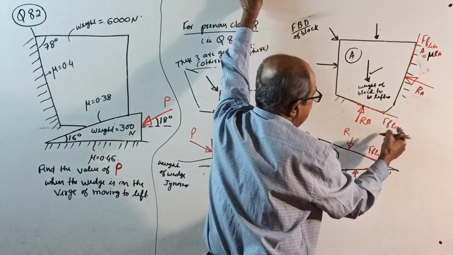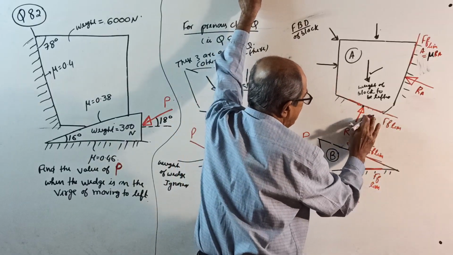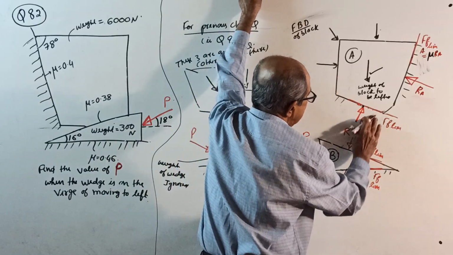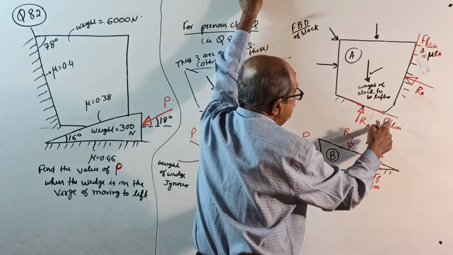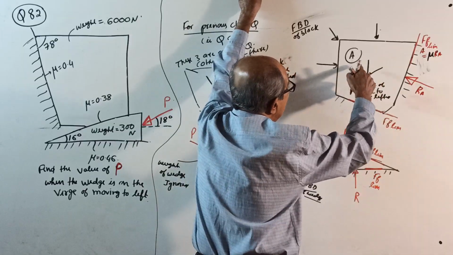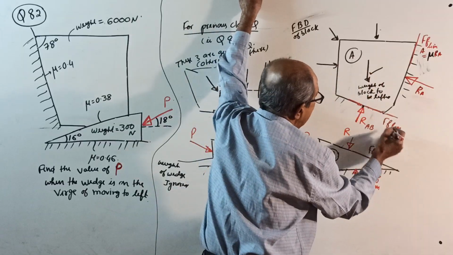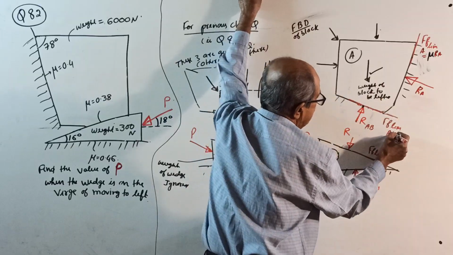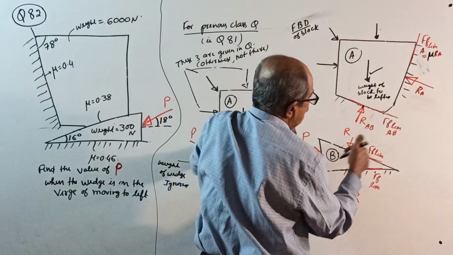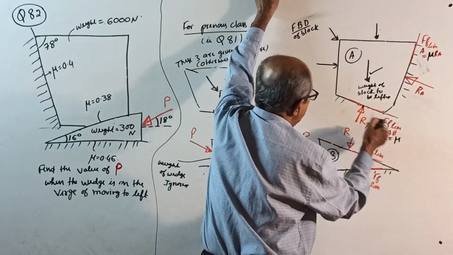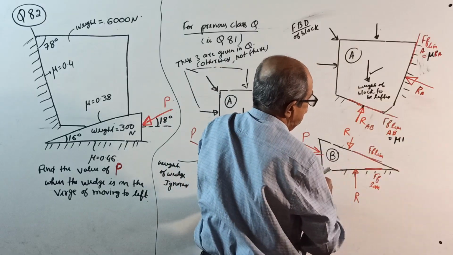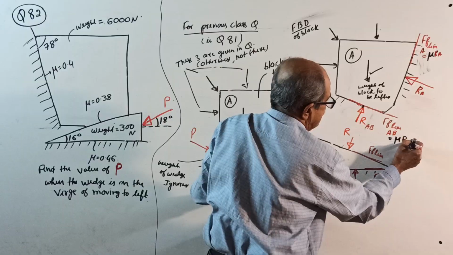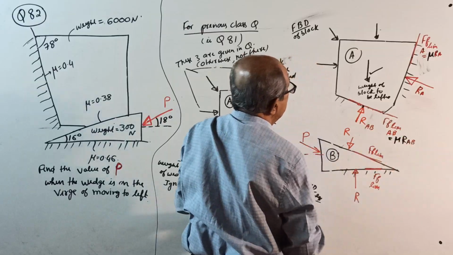This is FF limit for A from B, equal to mu, whatever is the mu given here, into RAB. Okay, this is the free body for this one.